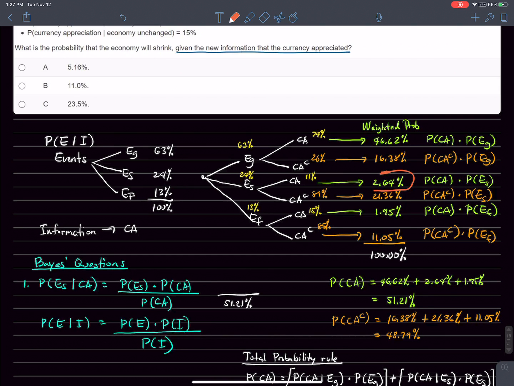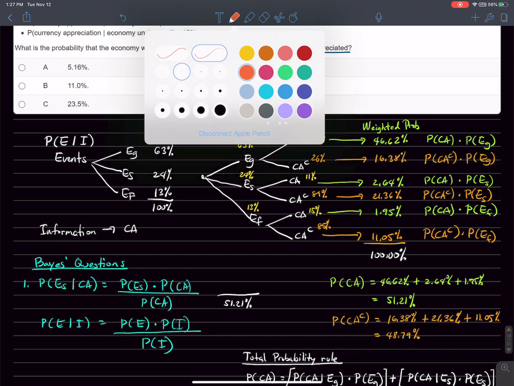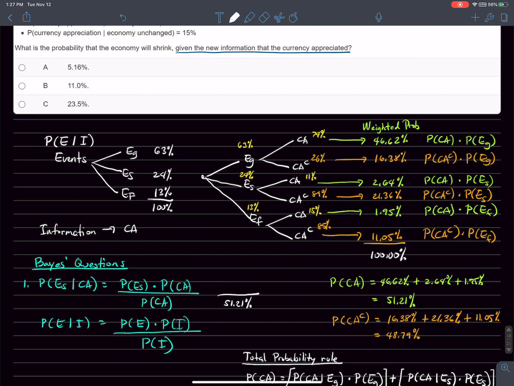This one. Clear? So we'll plug it here. It is the joint probability that both events will happen. You see here probability of CA and ES. This one.